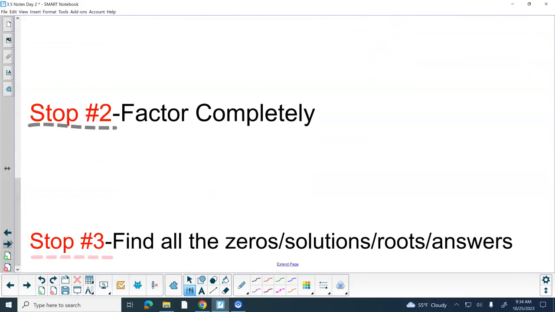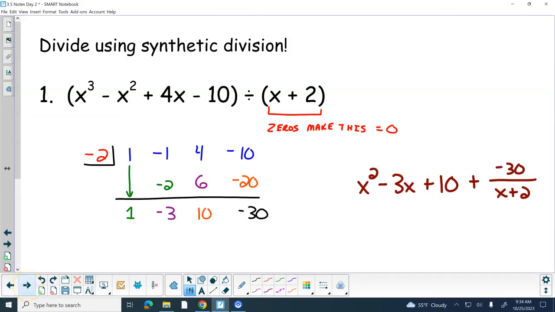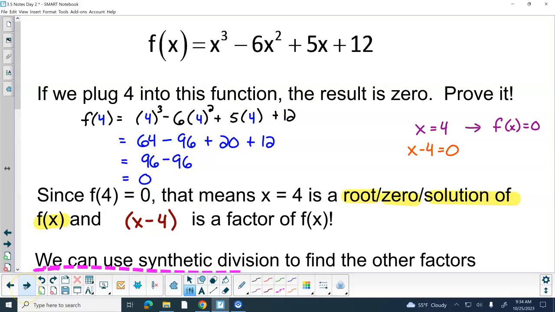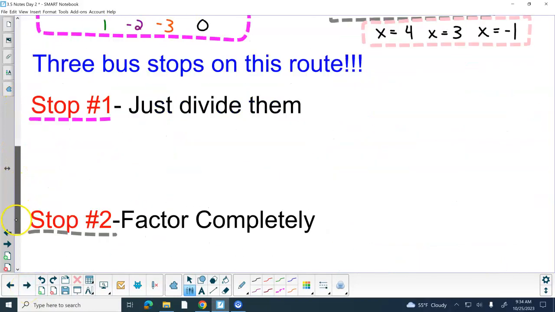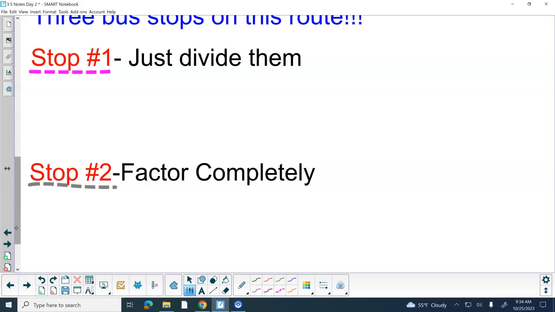Now, the nice part is in the directions for each problem, it should tell you what bus stop you're going to. If it is just a straight up divide problem, like we saw on Monday, like we saw earlier right here, that is bus stop number 1. You will see the words factor completely if it is bus stop number 2.